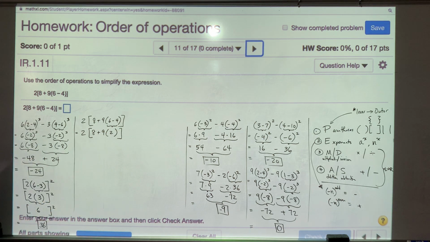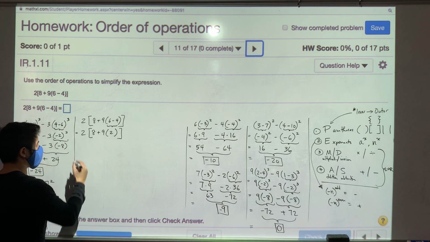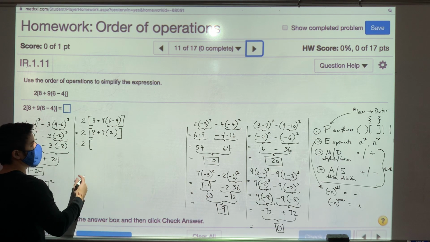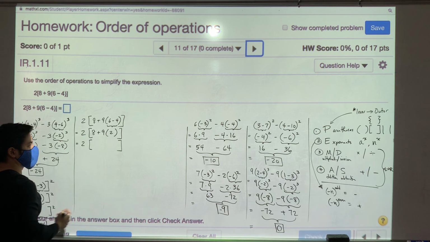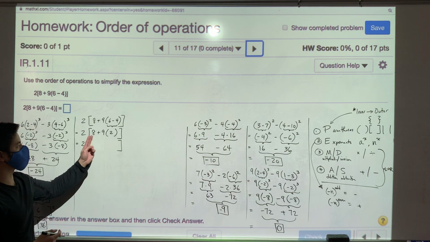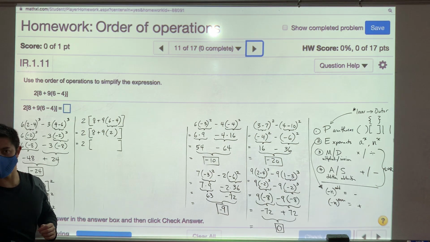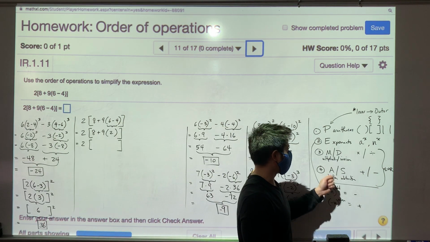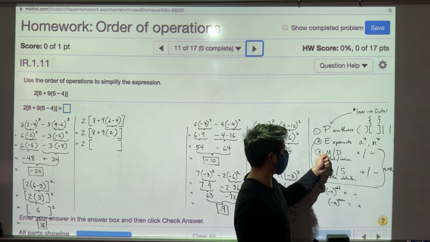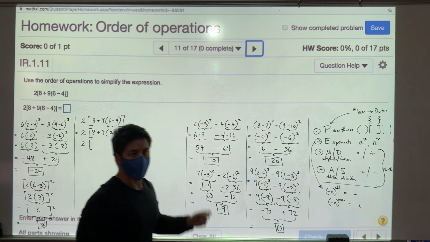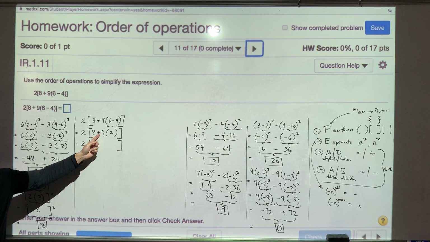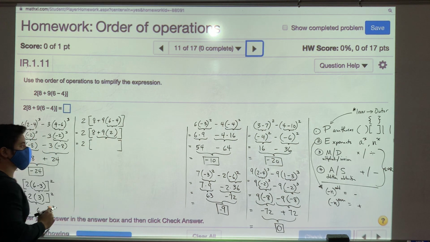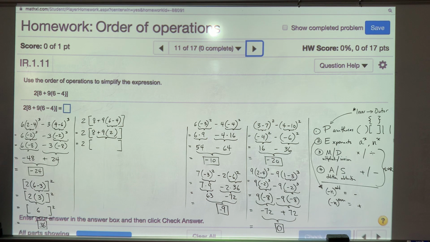There's your first one. Now, from here, it should hopefully be a little bit easier to see that if you're working order of operations properly, you still wouldn't add 8 plus 9, because we know from our order of operations that addition comes after multiplication and division. And in my problem, I have 9 times 2, a positive 9 times a positive 2 first.